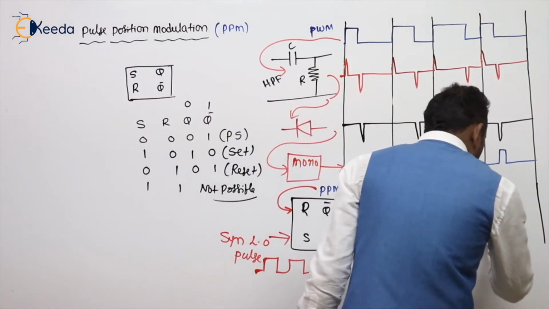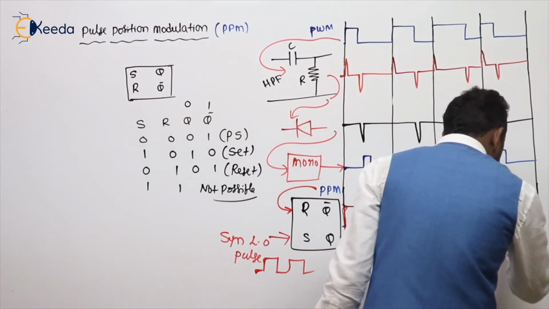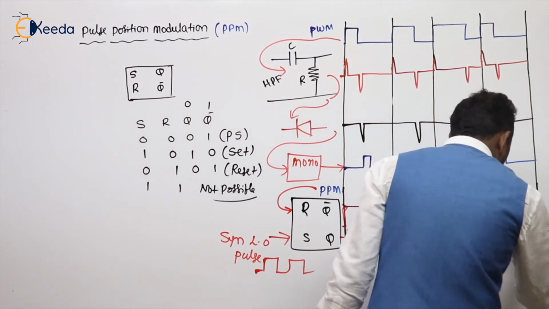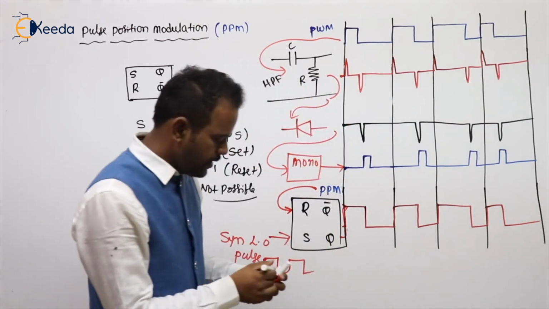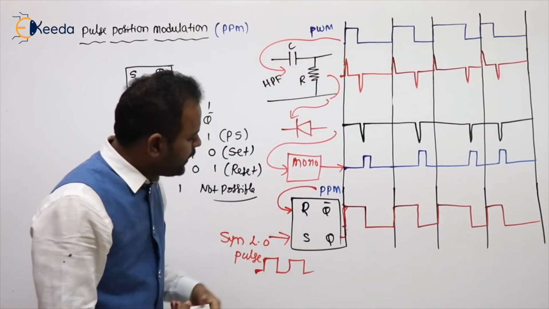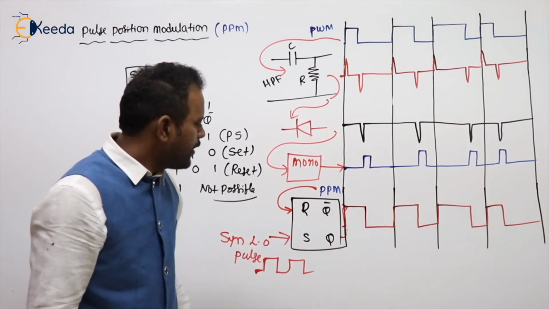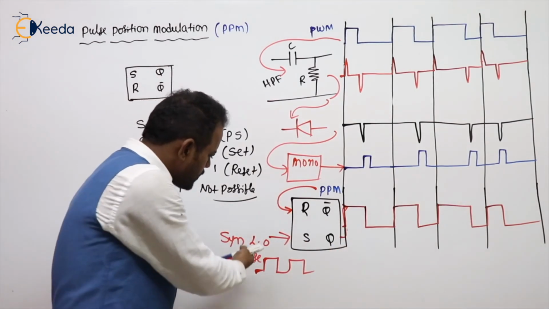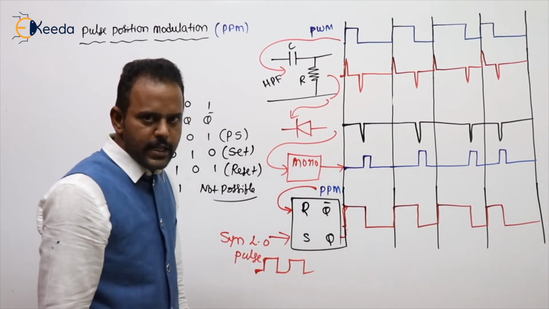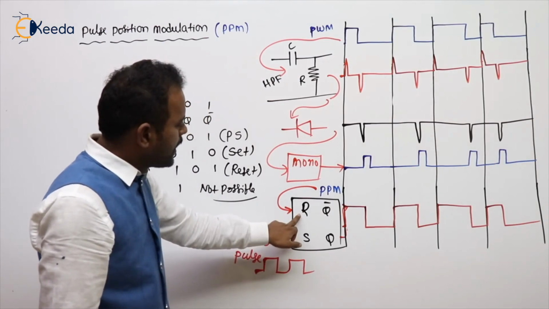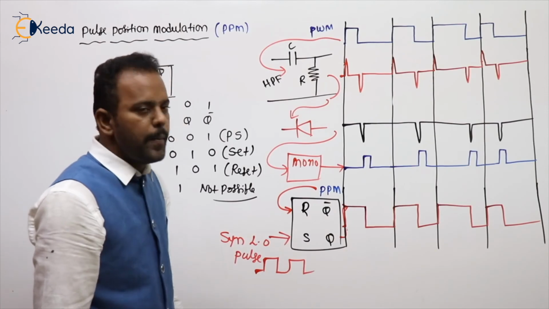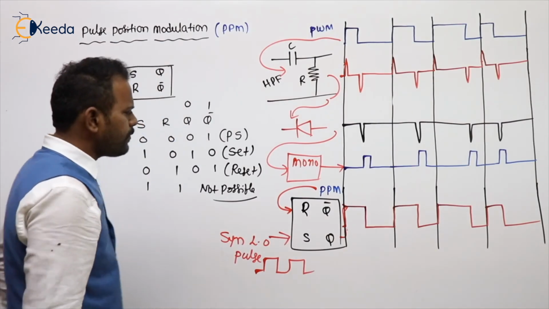Next, one more time set. Like this, we convert the PPM to PWM by giving synchronized local oscillator pulses at the S terminal and the PPM signal at the R terminal.